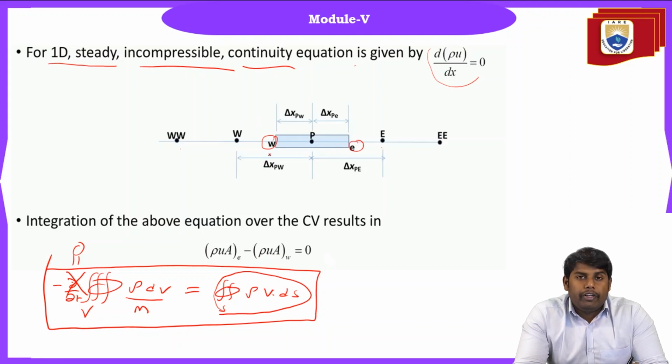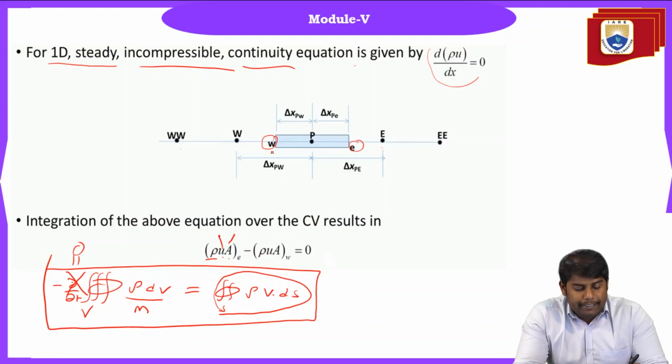When we do the integration between the west and east faces, we have rho u A at e minus rho u A at w.